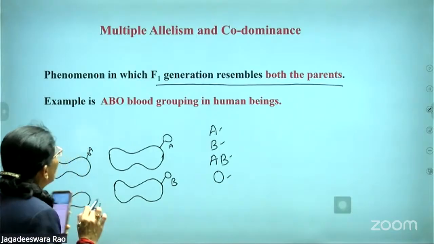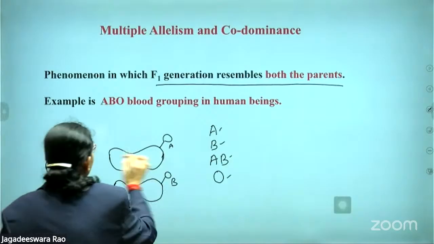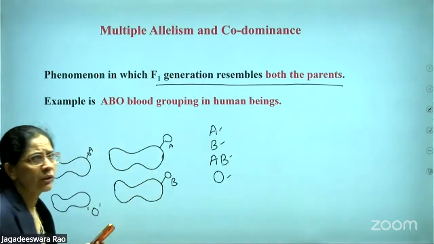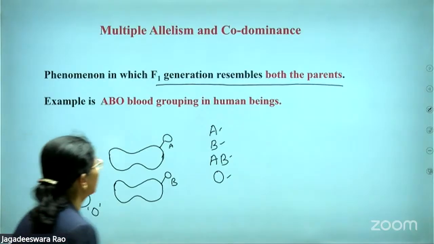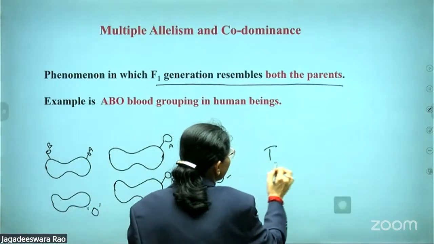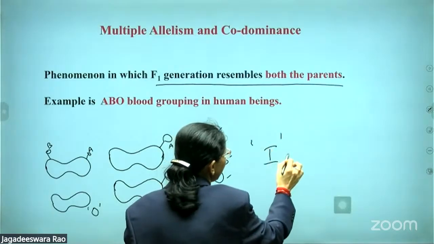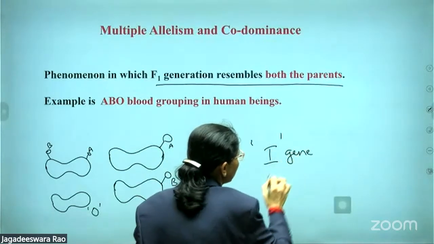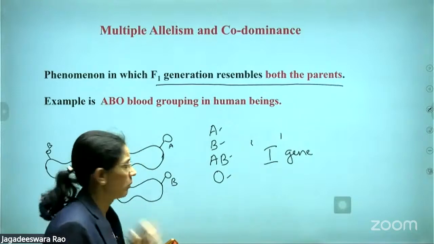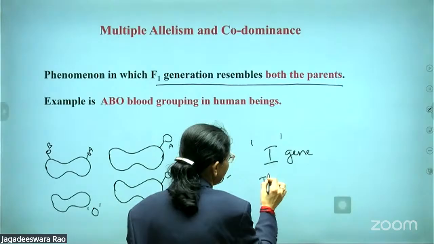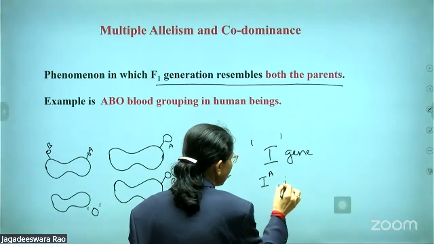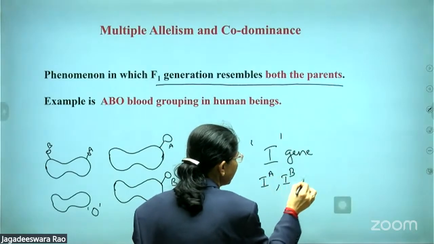Now, who is responsible for the production of these sugar polymers? That is the I gene. It comes in three forms; three alleles are there: capital I superscript A, capital I superscript B, and small i.